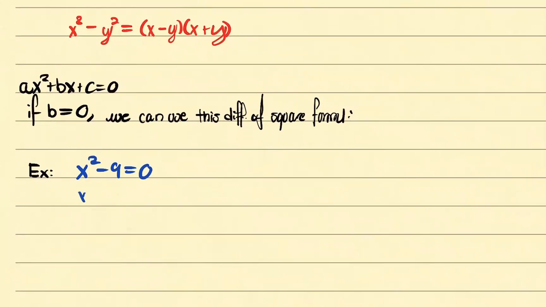So here is x and here is y squared. And I can factor this as x minus y, x plus y. You're going to get really good at this because it saves you a lot of pain. But this is the same thing as x minus 3, x plus 3 is equal to 0.